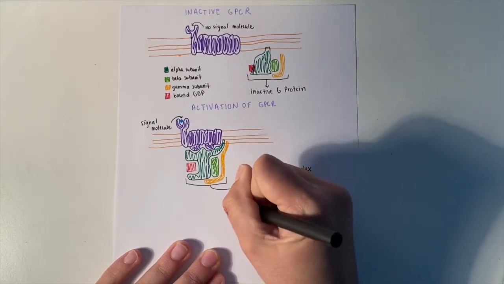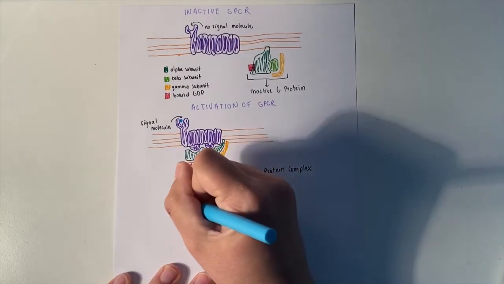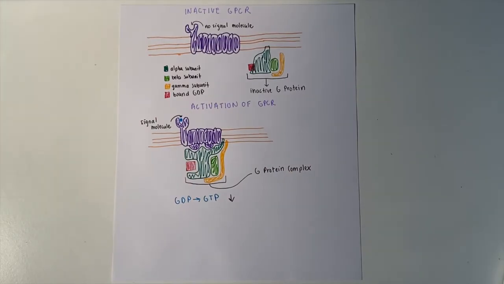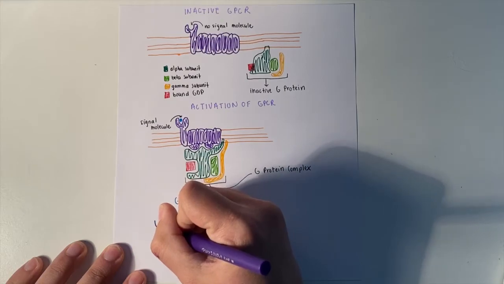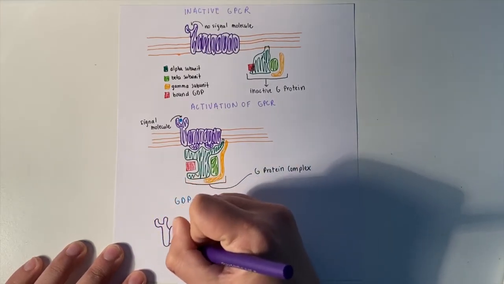The change in shape of the G protein decreases its affinity to GDP and increases its affinity to GTP. This is important because G proteins bound to GTP are active. The G protein lets go of its bound GDP and binds to GTP instead.